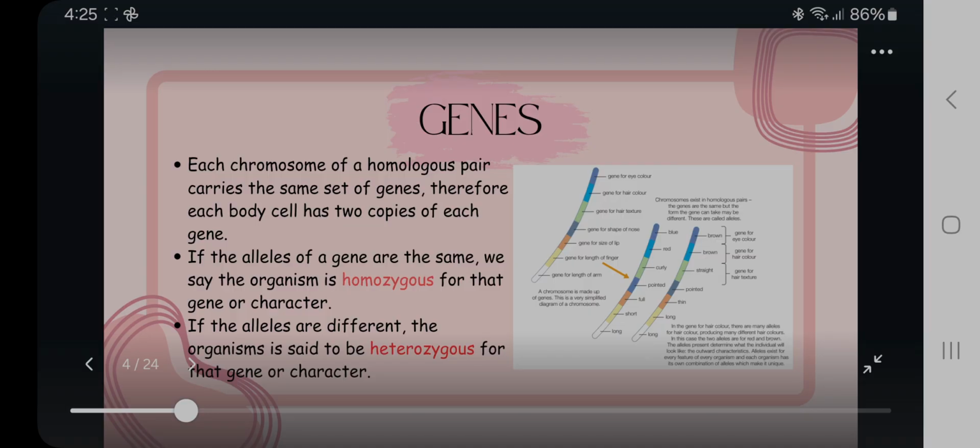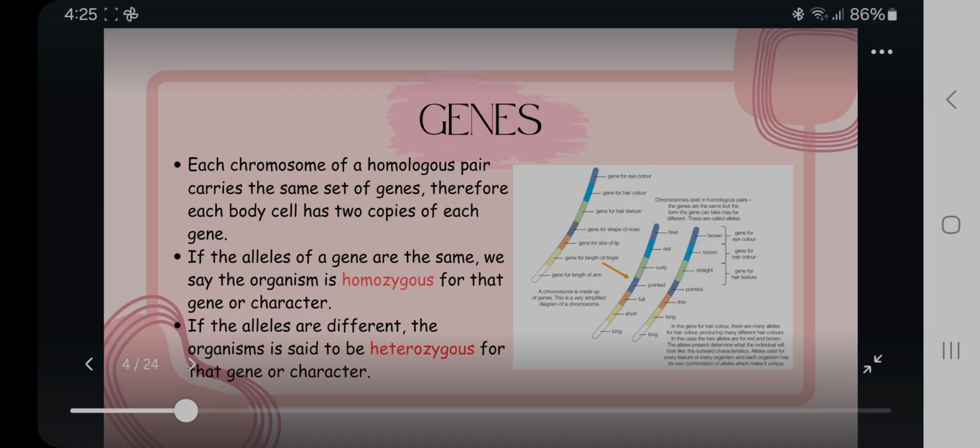Even though at the top it's the gene for eye color, each chromosome has a different color for the different organism. So let's call the first one the male chromosome, and that gene for eye color at the top is blue. However, the second one is brown. So even though it's the same gene for eye color, the eye color can change depending on the organism, and vice versa.